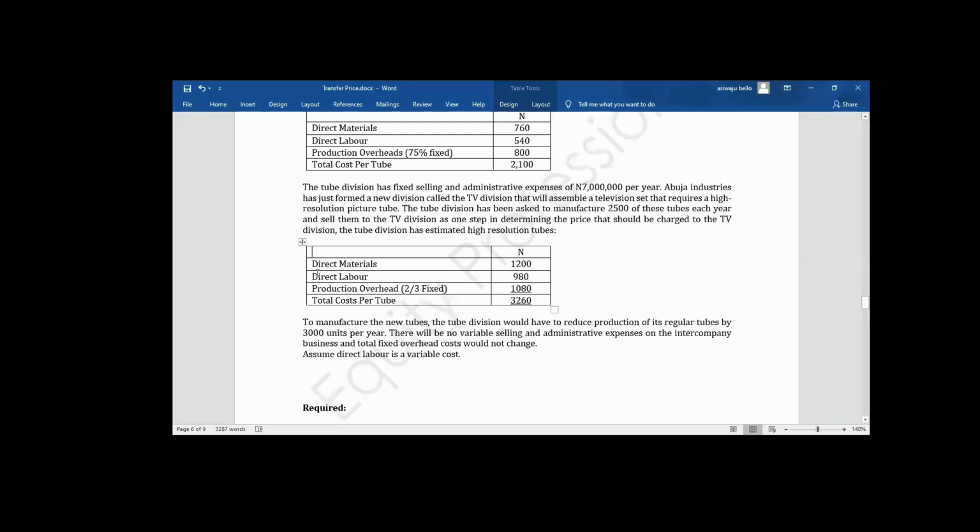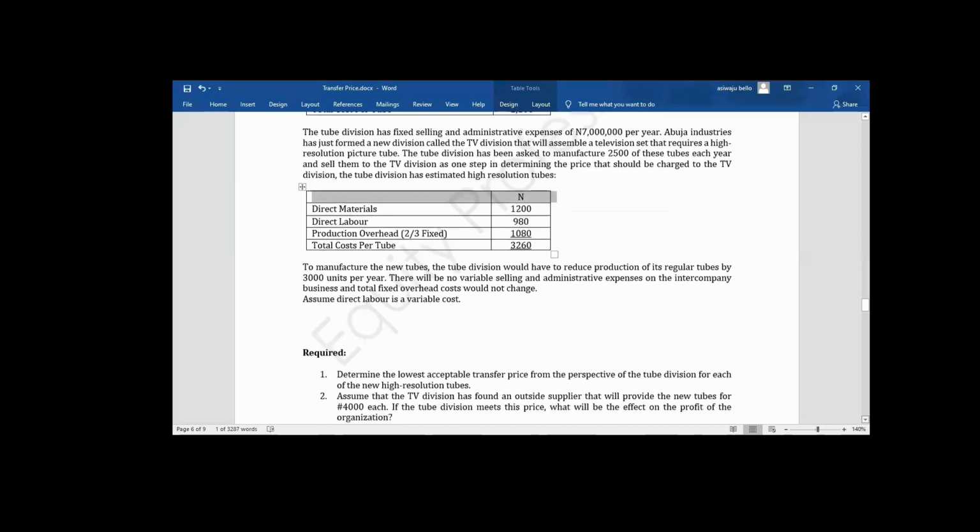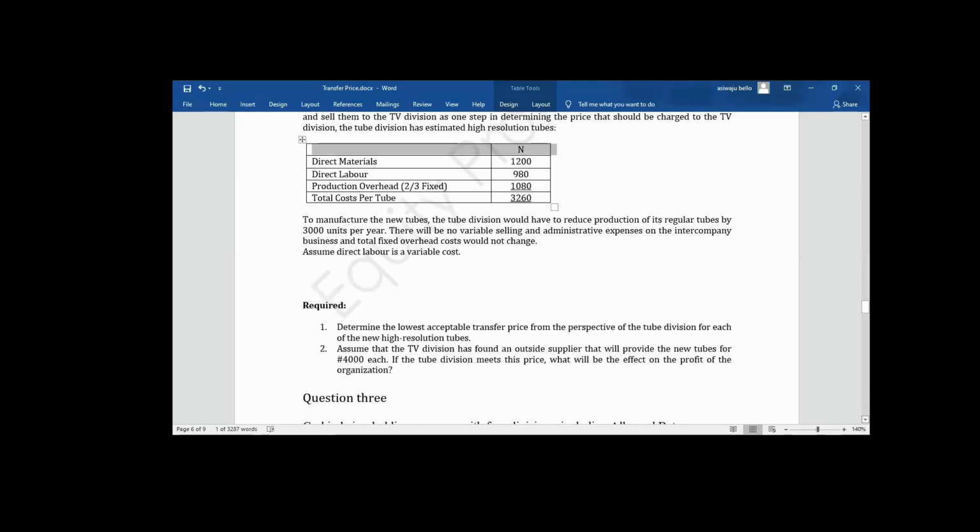Now the requirement says: determine the lowest acceptable transfer price from the perspective of the tube division for each of the new high resolution tubes. The lowest price I'm going to charge must cover my costs.